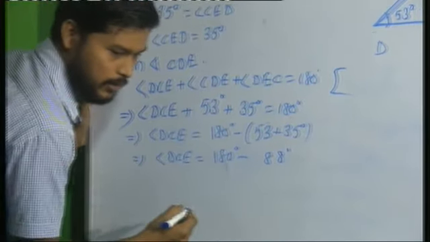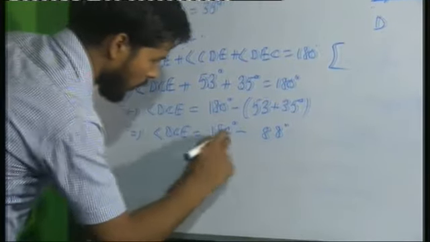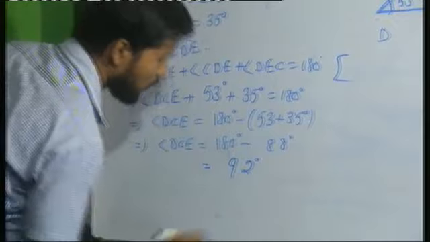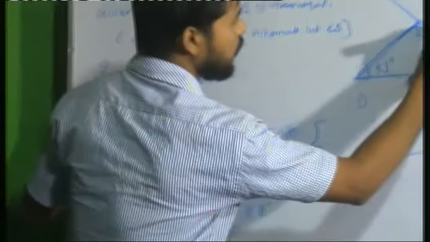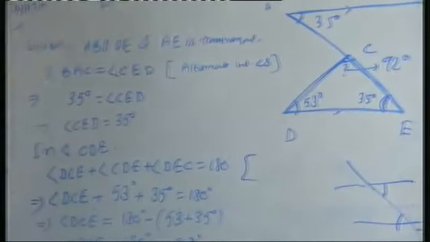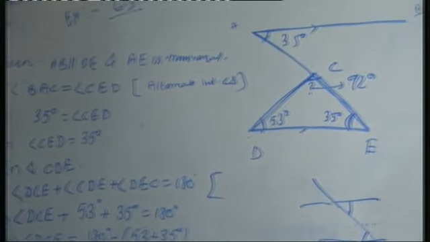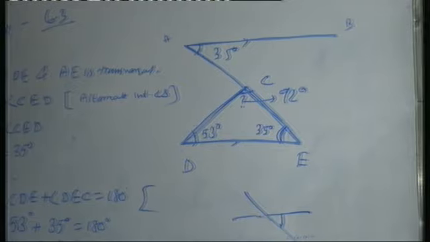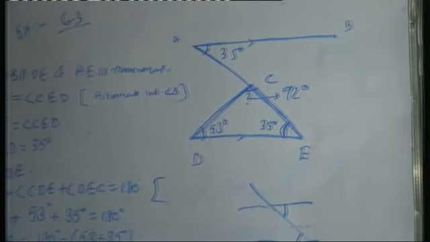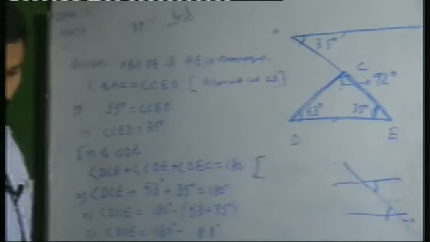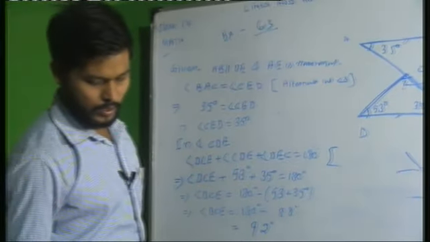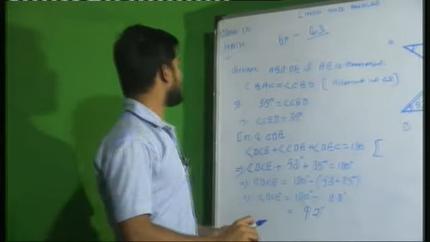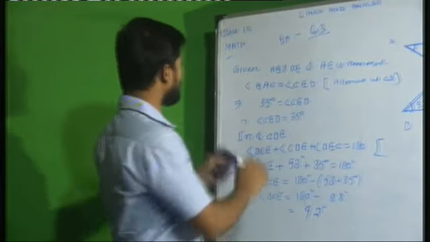That means its value is 92 degrees. So the value of this angle is equal to 92 degrees, which means angle DCE is 92 degrees, and hence solved. Okay, this was question number 3.